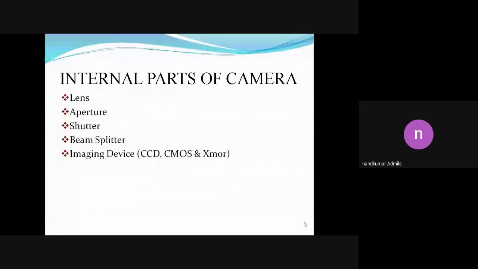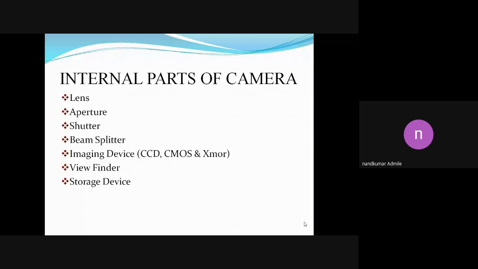Along with these four parts, we also require a storage device for the camera. When we capture the video, we need to store that video in memory. So in order to store the video, we require a storage device.